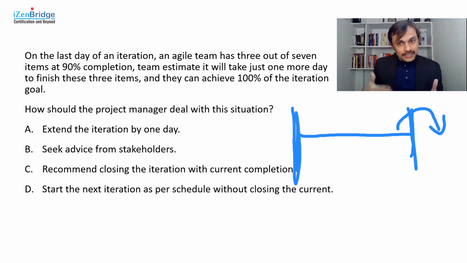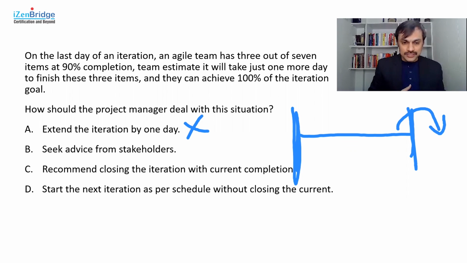You will only come to know once the 1 day has passed. So there is a complexity we are inviting if we start playing with the boundaries of the time box. So please, especially in the exam context, be very careful of violating the rule of time boxing. So option A is not at all a good option. It may look very good, but not at all a good option when you are giving the exam.